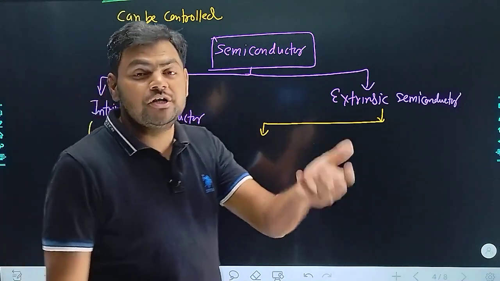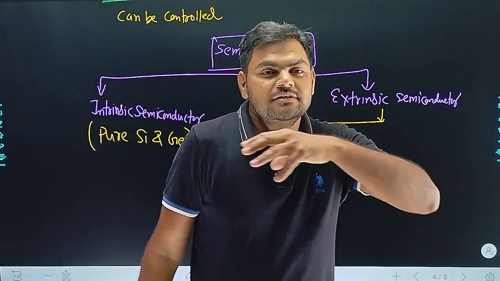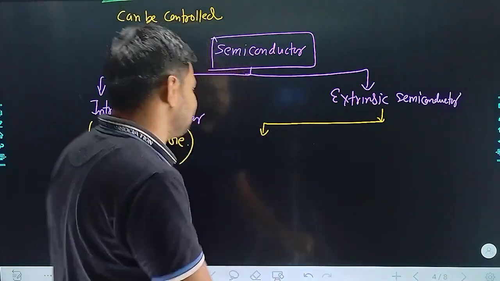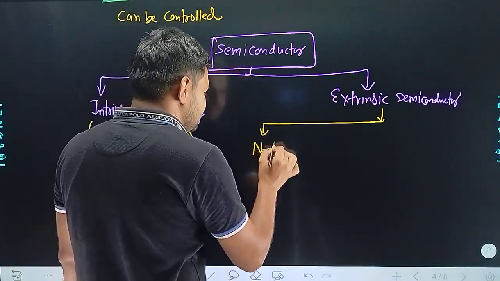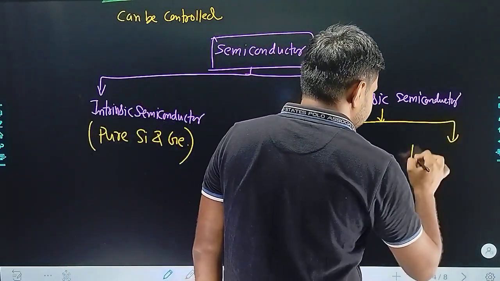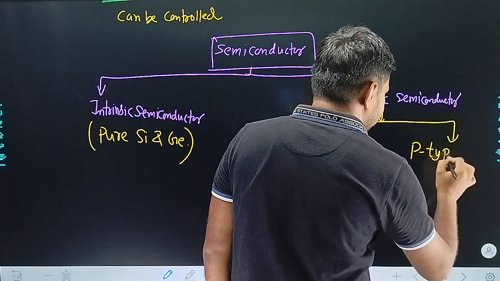Extrinsic semiconductors are majorly classified under various categories, but here we will mainly deal with two types, the N type and P type.